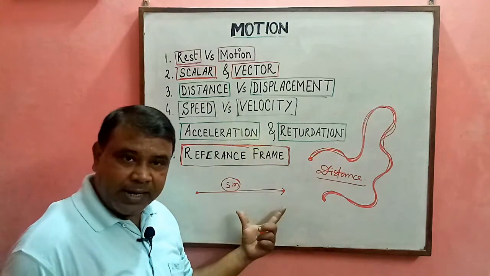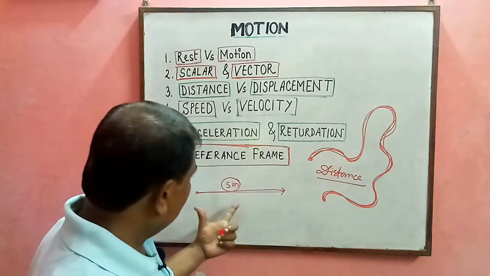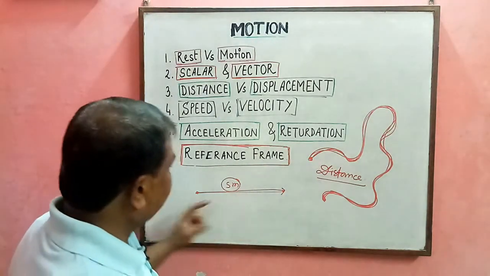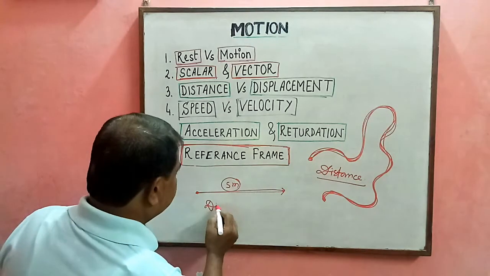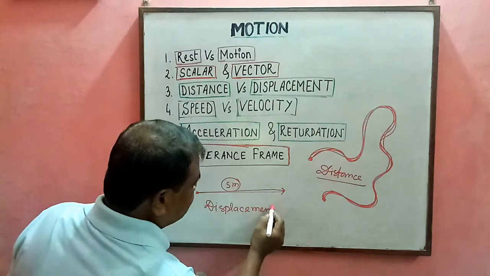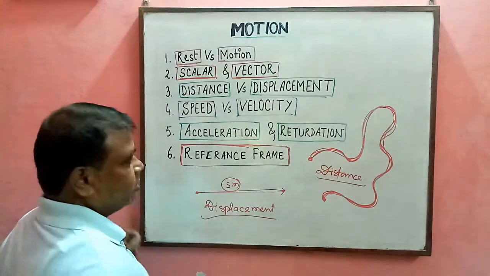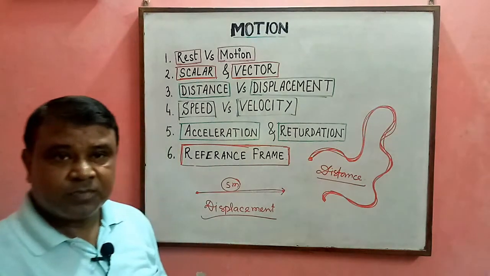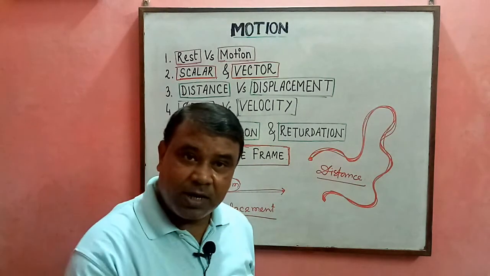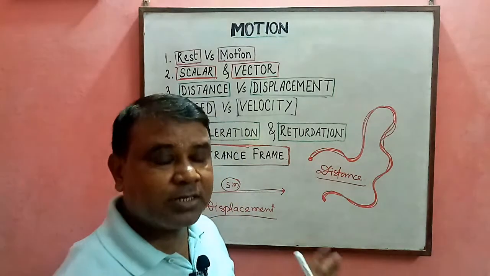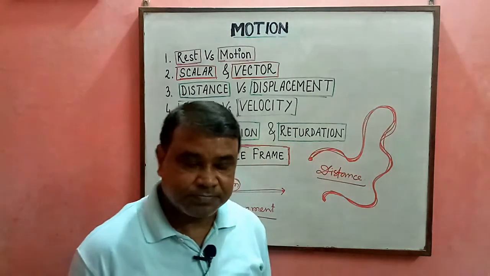So when we are maintaining the direction and 5 meters, this quantity is displacement. So this displacement is a vector quantity, because displacement is distance measured in a particular direction. We cannot measure this distance in any direction.